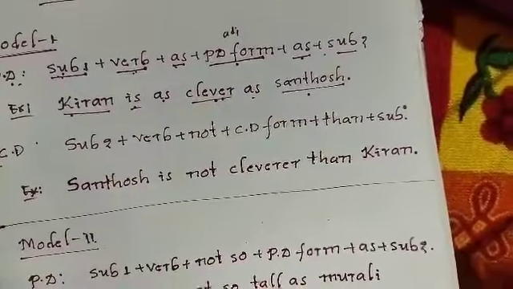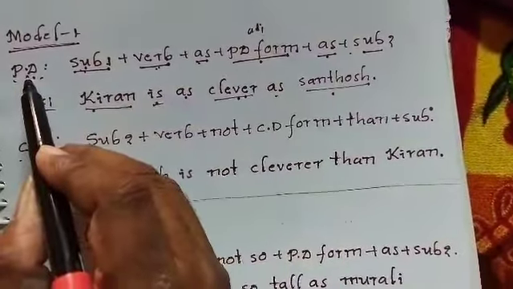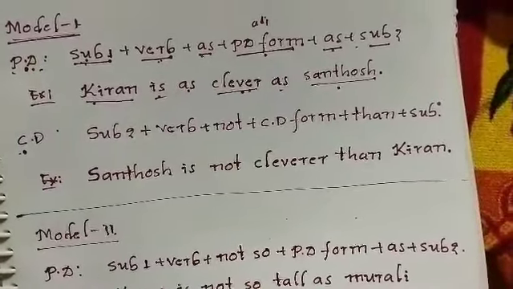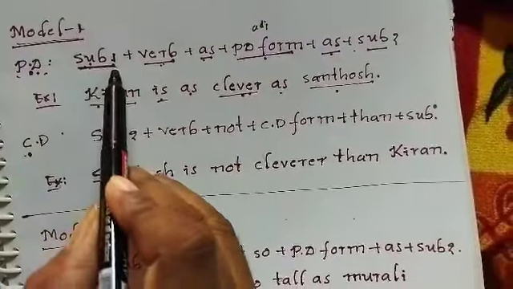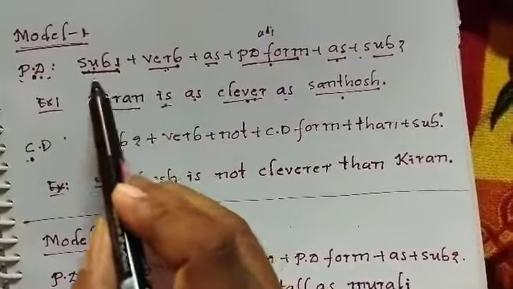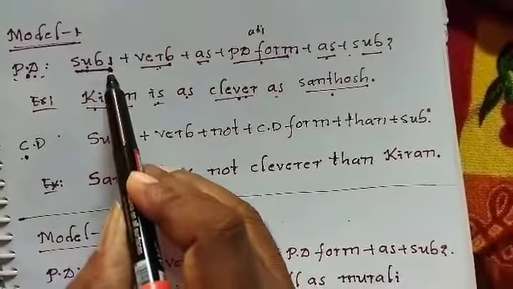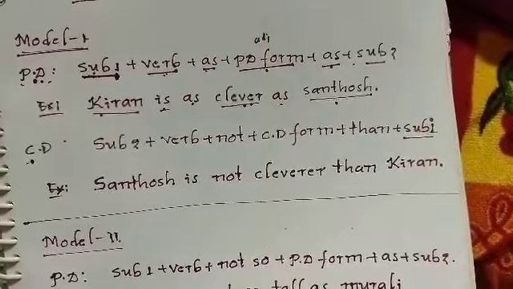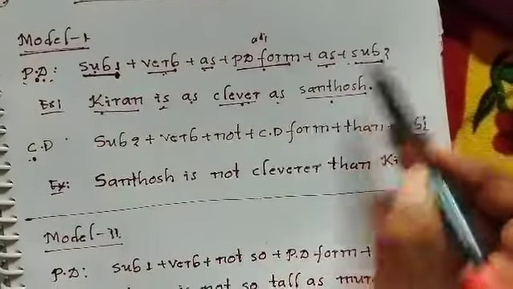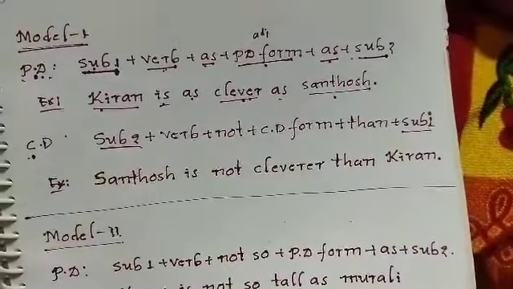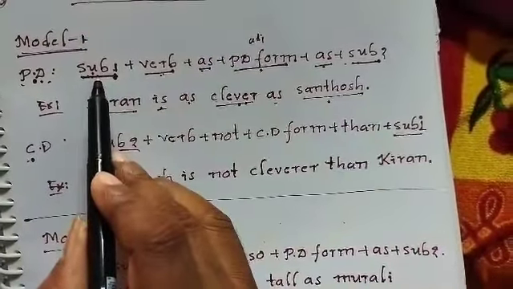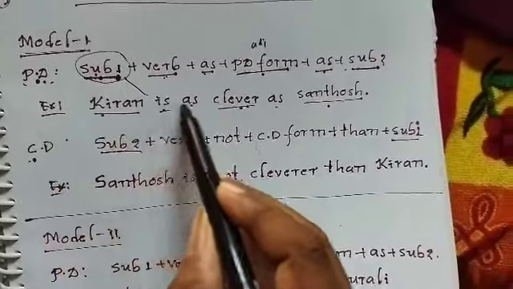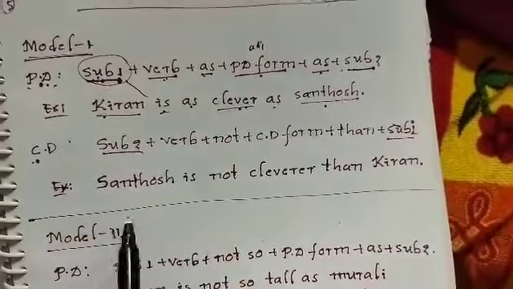While changing the positive degree to comparative degree, there is one simple logic: whatever subject 1 is, we write in subject 2's place, and subject 2 we write in subject 1's place.